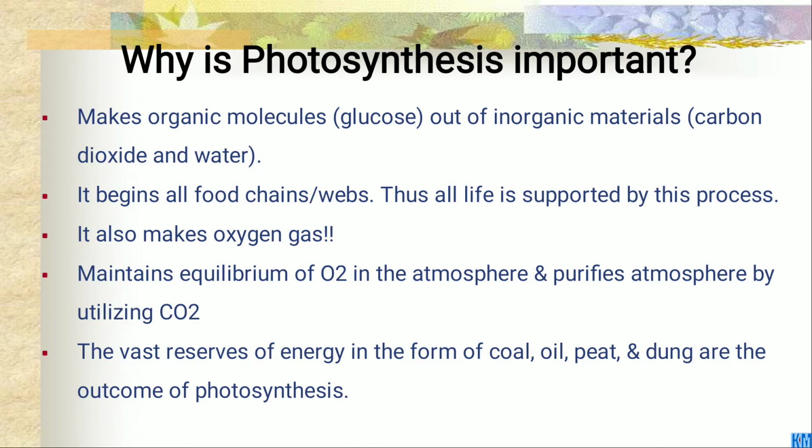Photosynthesis is sometimes called carbon assimilation. Carbon assimilation means what? The absorption into the system is called assimilation. That means the absorption of carbon in the photosynthesis process is called carbon assimilation.